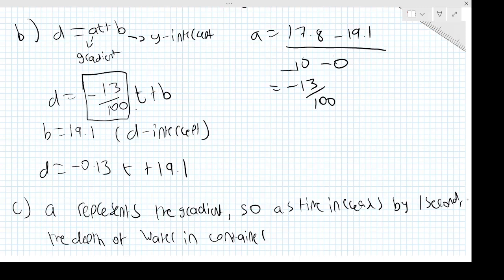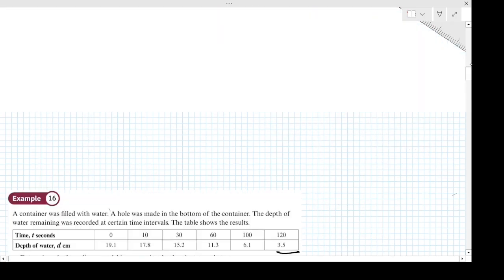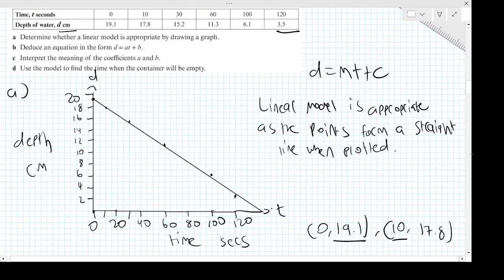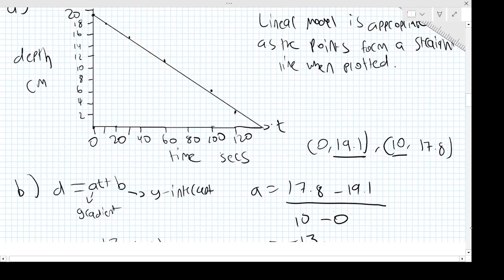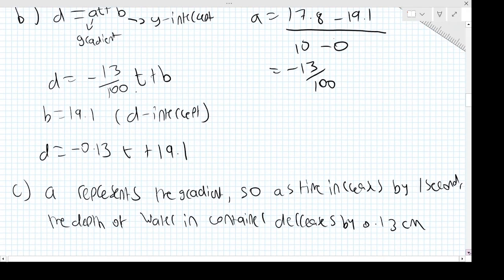That's the gradient there. Well, that's negative 0.13, so it decreases by 0.13 centimeters, right? Is that the units? Yes, d centimeters. Cool. There we are then. So that's A, but then we need to interpret B as well.